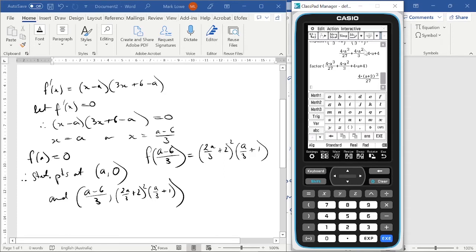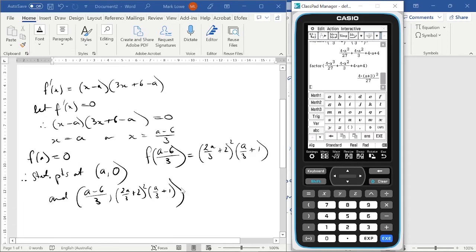Okay. All right. So the calculator doesn't always necessarily give it in the best form. So you can see when we just substituted it in, we got those two terms. So we've got that sort of two factors of 2a over 3 plus 2 squared times a over 3 plus 1. Expanding that gave us this cubic, and then just going factor again gave us something a little bit more friendly.